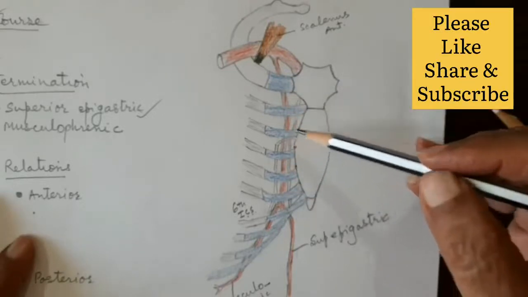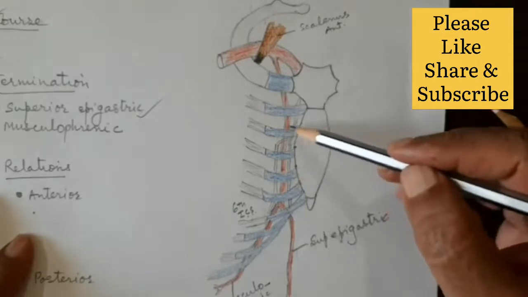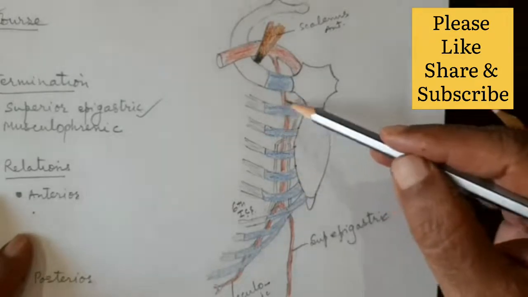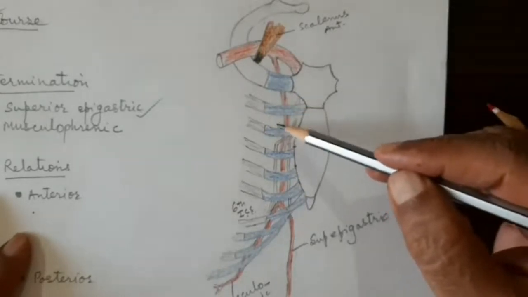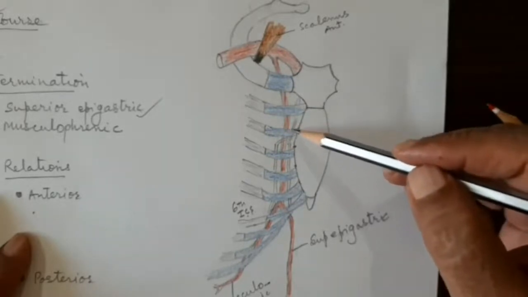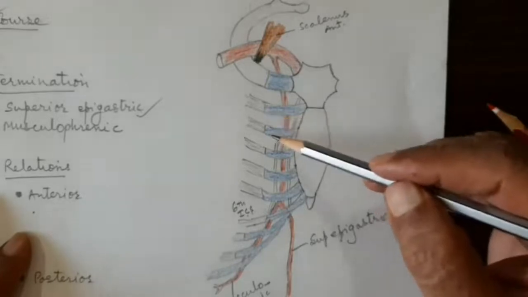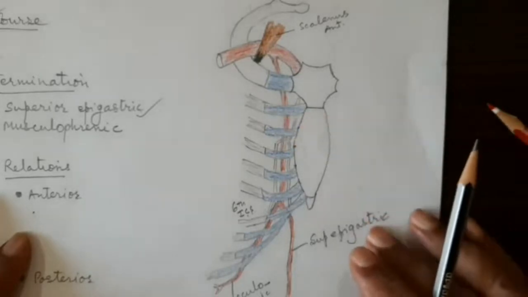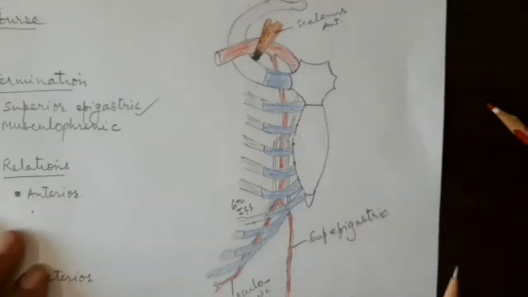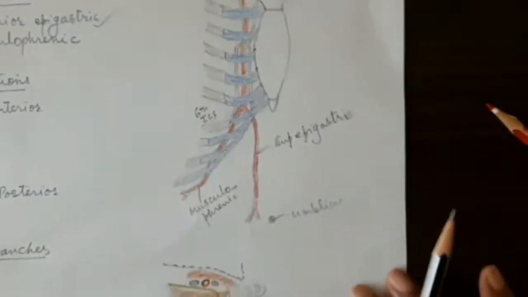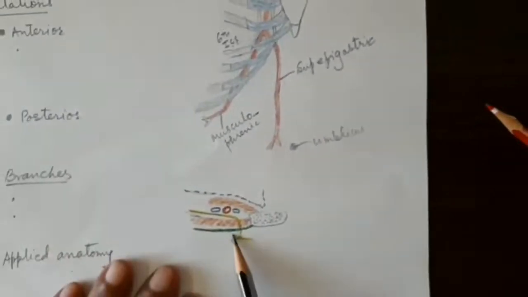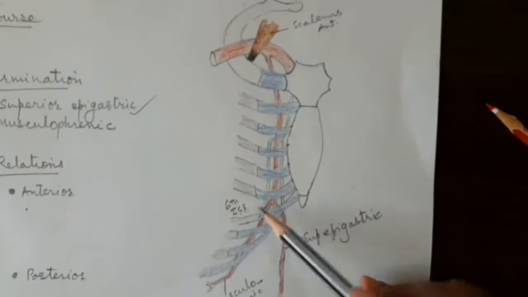And in the spaces between the costal cartilages, lying anterior to this artery will be a membrane, called the external intercostal membrane. I will show you this in this diagram. I have already drawn it here.